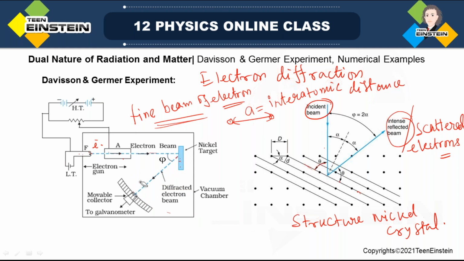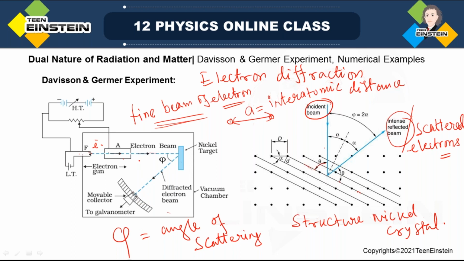In this experiment, these scattered electrons are collected at different angles with respect to phi. What is this angle? Phi is the scattered angle, called the angle of scattering.